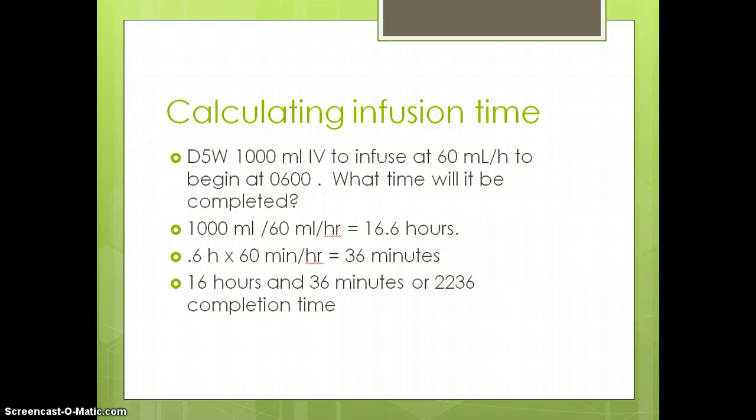What part of an hour is 0.6? 0.6 times 60 is 36 minutes. So 16 hours and 36 minutes, which is 22:36 completion time, 10:36 p.m.